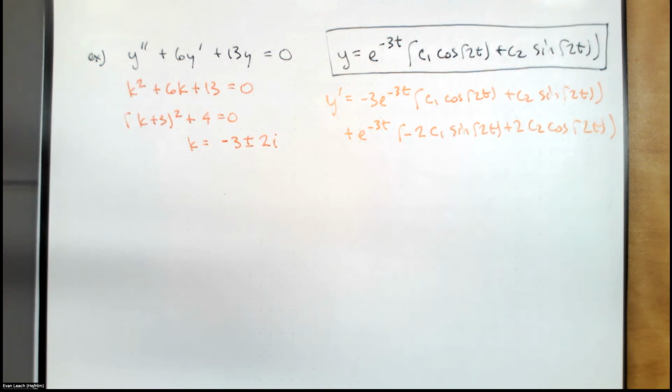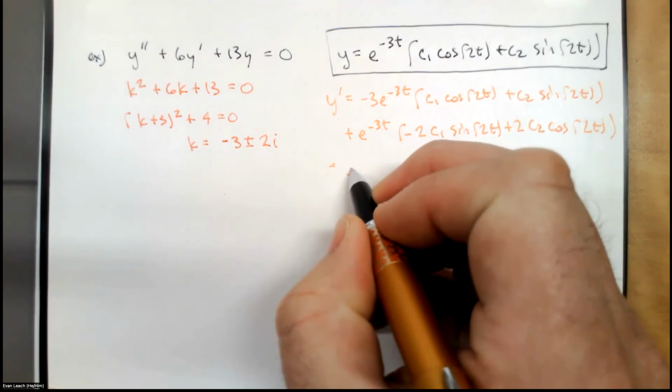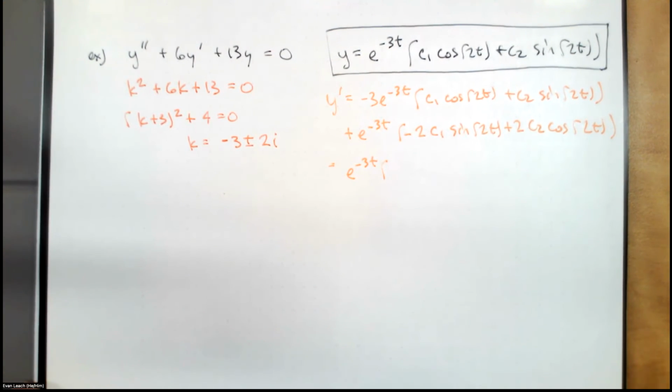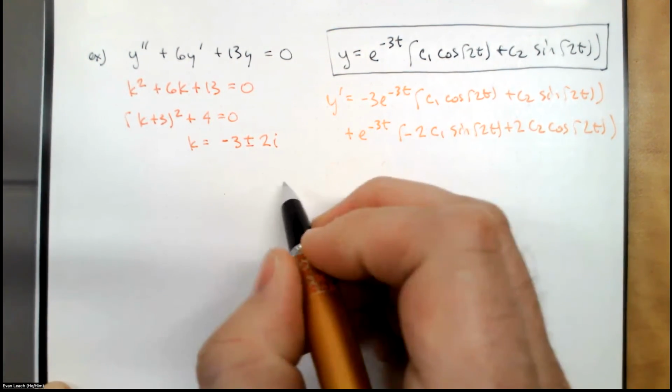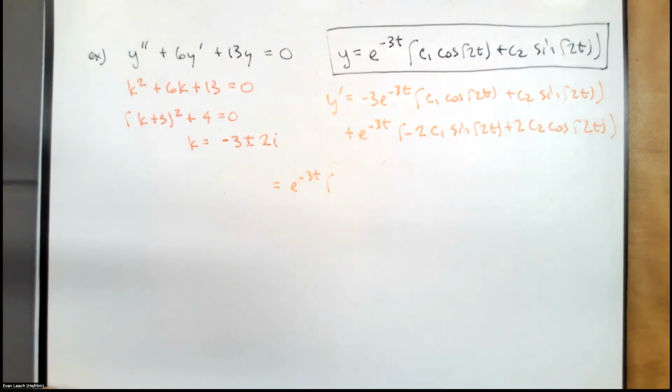So we're going to want to clean this up, because right now it's two product rules, and I'd rather do one product rule. I see a common factor of this e to the minus 3t. So let's keep track of what we have.